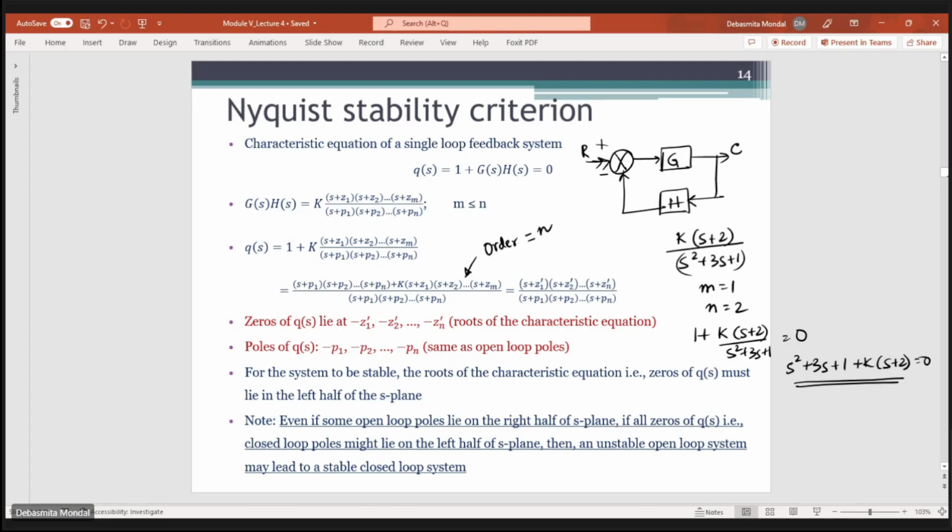Now the order of both the numerator and the denominator is n. Okay, so you will have n poles and n zeros of this characteristic equation Qs. Or in other terms, the zeros of this Qs lie at minus z1 bar, minus z2 bar, minus zn bar.